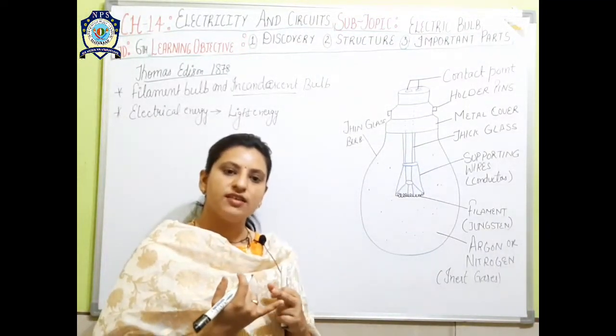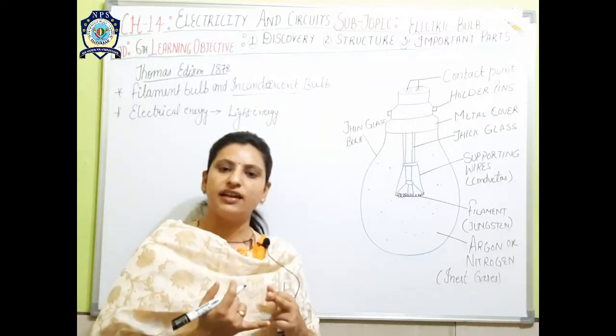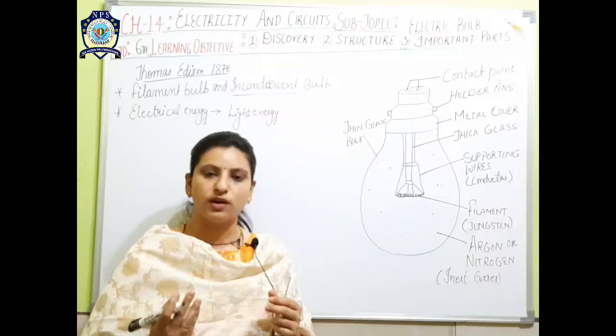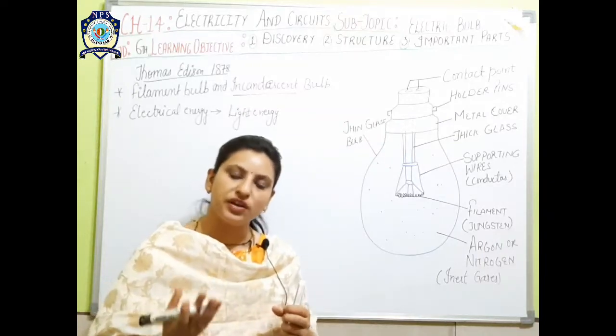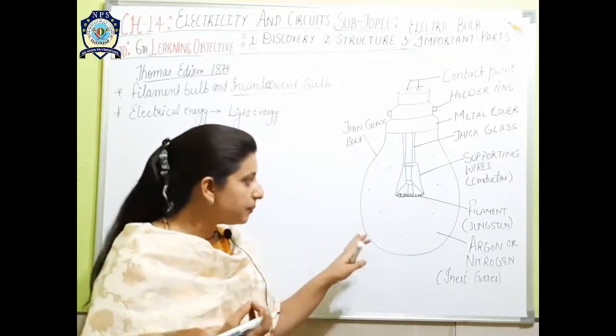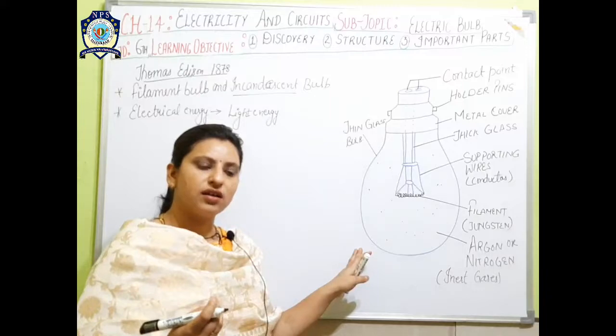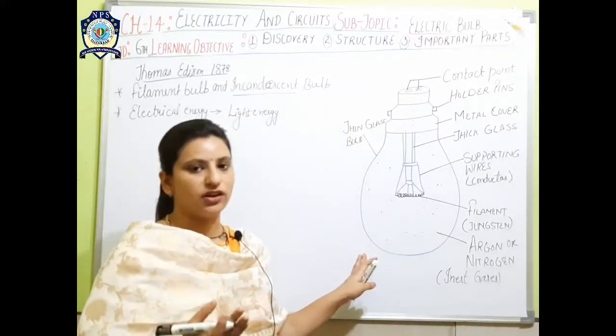Nowadays we are using CFL and LED lamps, and these and many other kinds of bulbs emit a large amount of light and less heat. But this typical bulb emits a large amount of heat and comparatively equal amount of light.